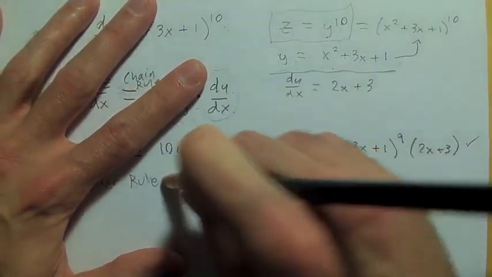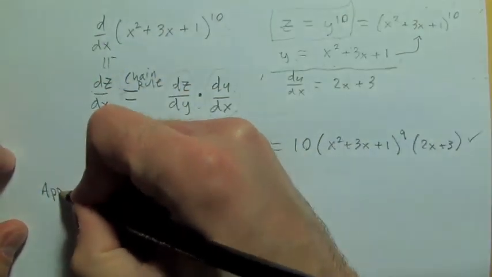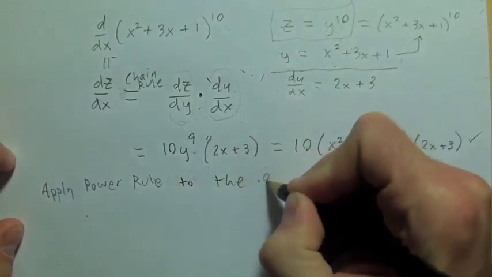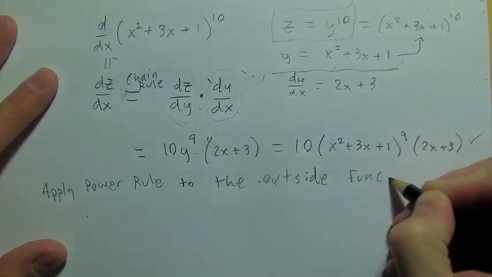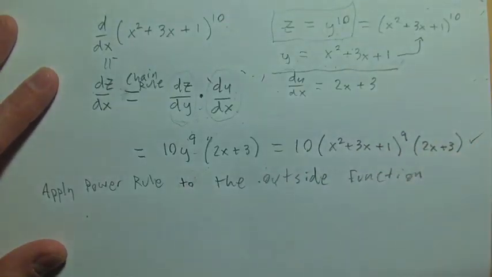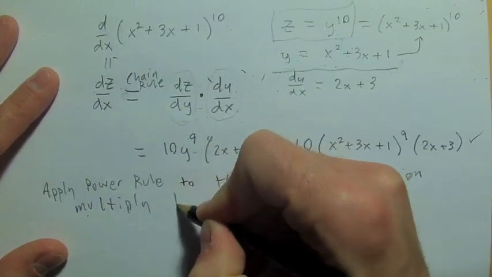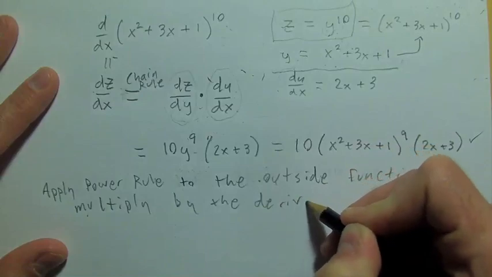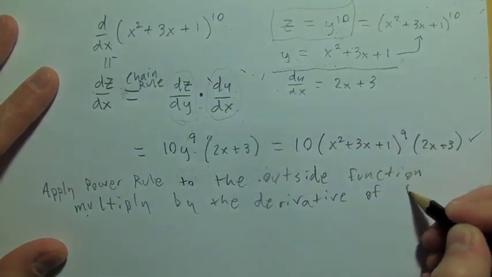So I should say, instead of writing it like this, you apply the power rule to the outside function, and then multiply by the derivative of the inside function.